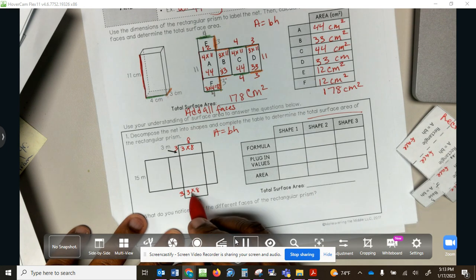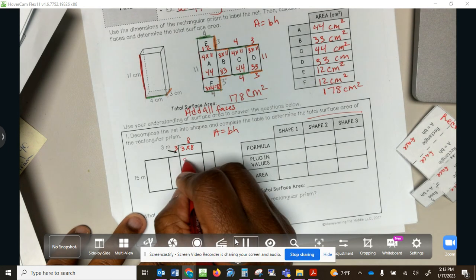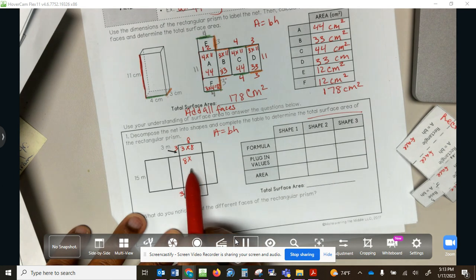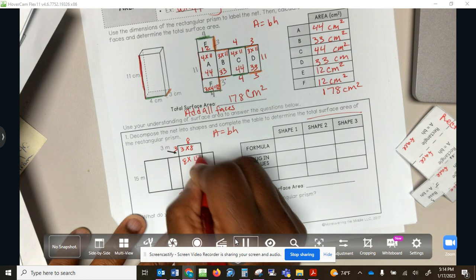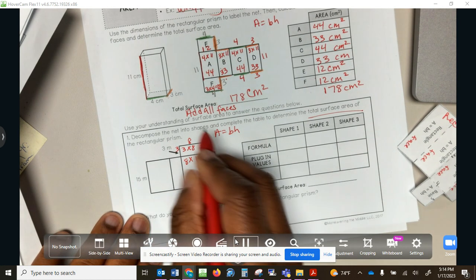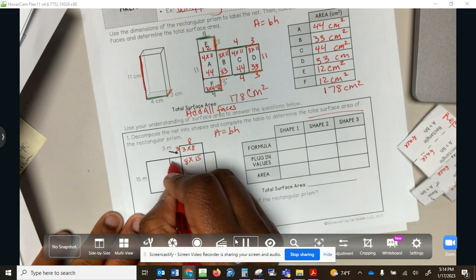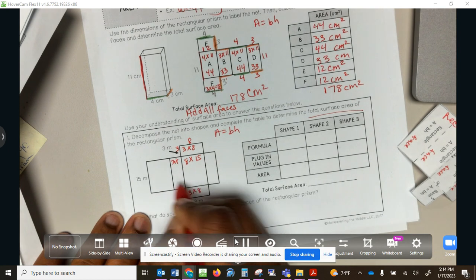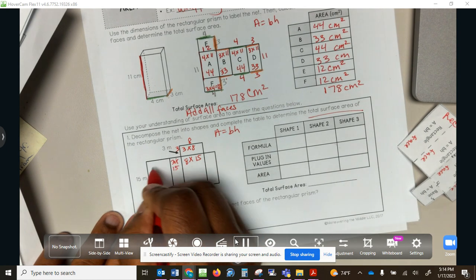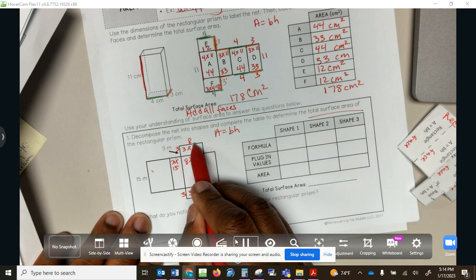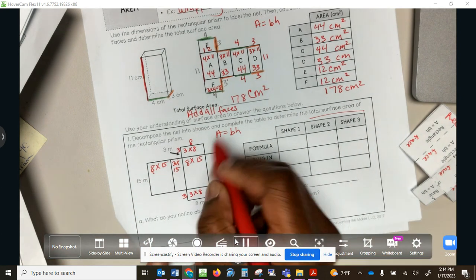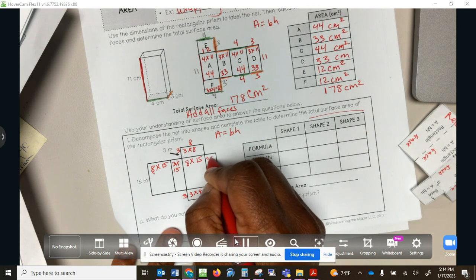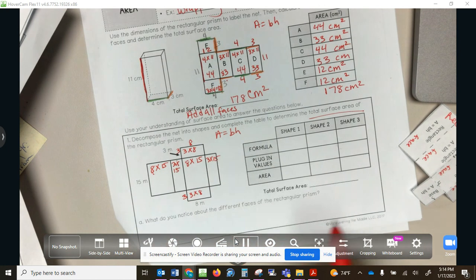Well, I know it's an 8, but it's not going to be by 3. It's by 15. So 8 times 15. Then this small space here will be 3 times 15. And then this space here, because it's bigger, is going to be 8 times 15. And this small one is 3 times 15.